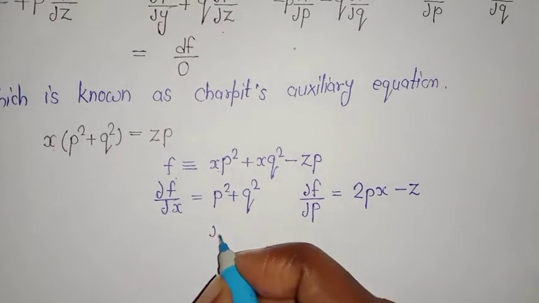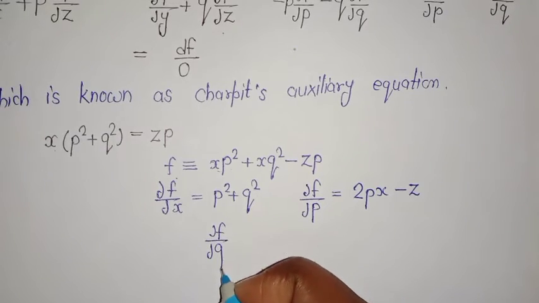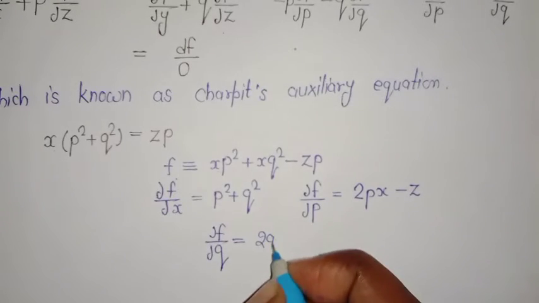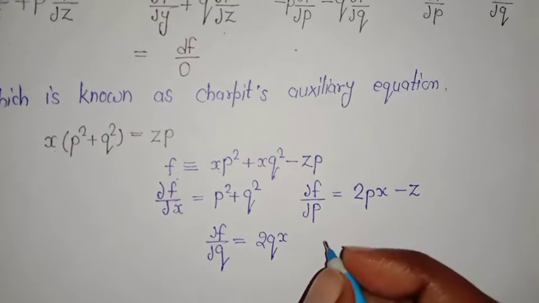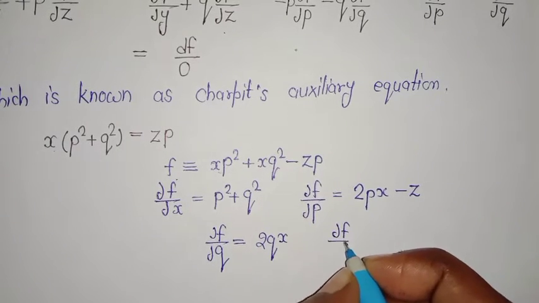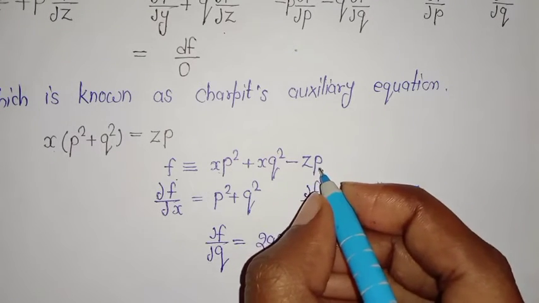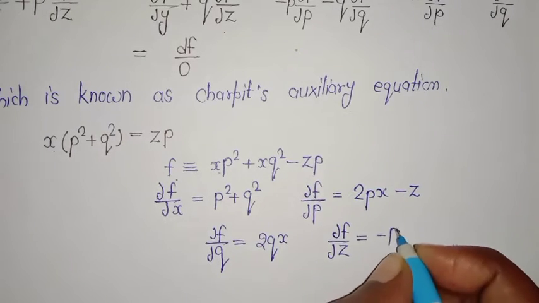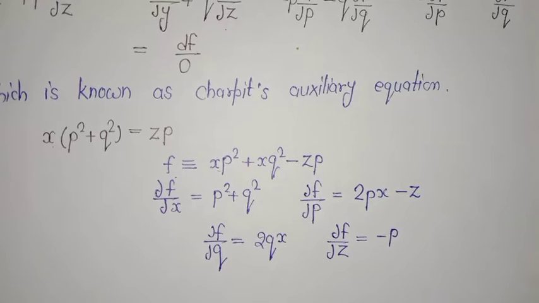Now if we differentiate it with respect to q partially, then we get 2qx only. And if we differentiate it with respect to z, then we get only minus p. So now we have got all the derivatives for this function.